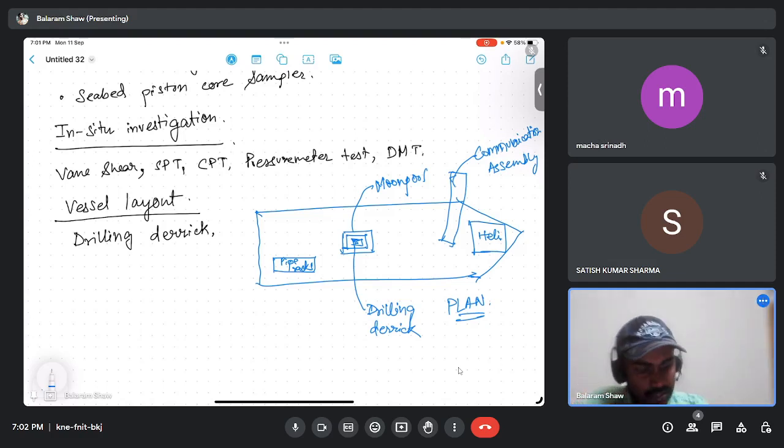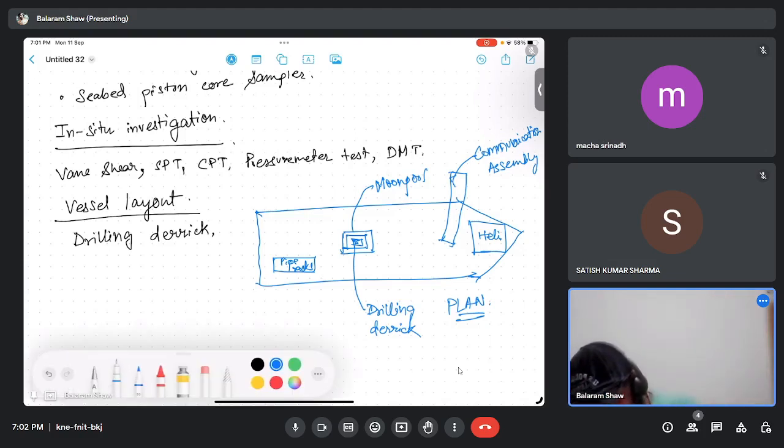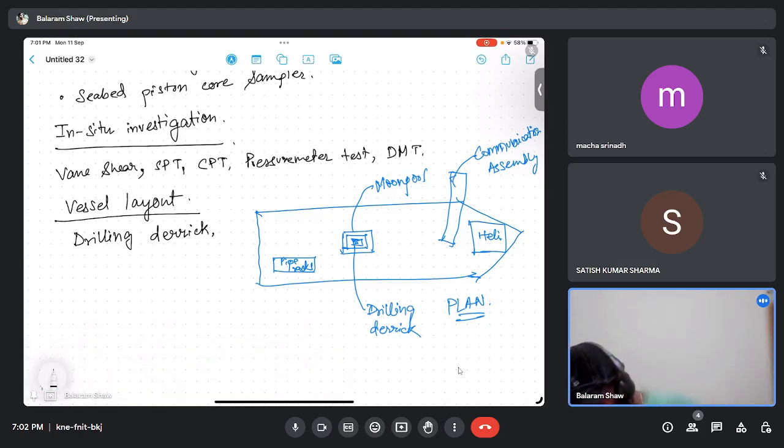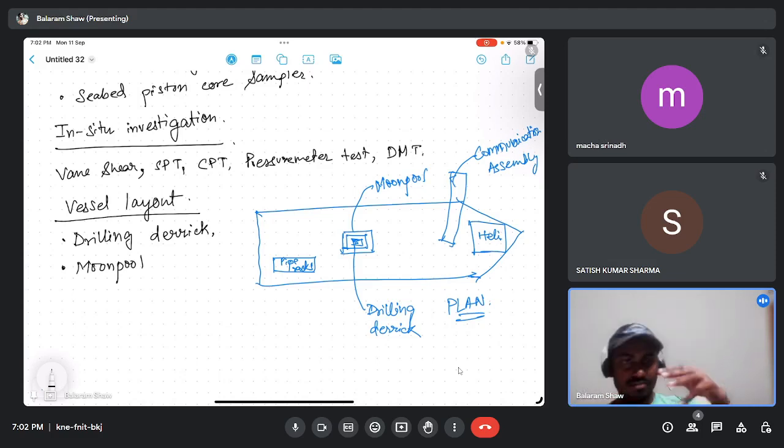I'll draw it once. So the drilling derrick, as I said, will be a frame tower located at the center of this vessel. Then the moon pool is a hole under the drilling derrick.